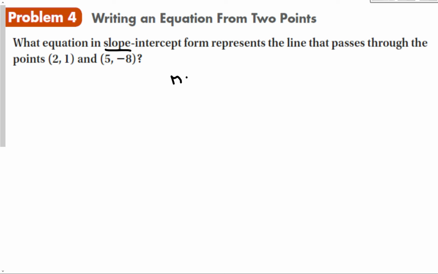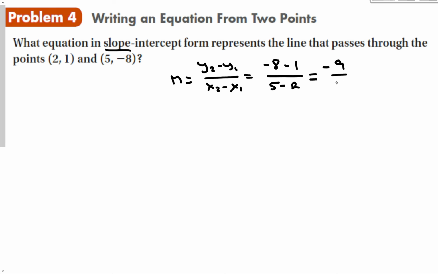So remember that the slope is equal to y2 minus y1 over x2 minus x1 if we have 2 points. Okay, I can use either point I want as long as I start with the same one. Let's start with -8. So that's -8 minus 1 over 5 minus 2, which gives me -9 over a positive 3, which gives me a slope of -3.